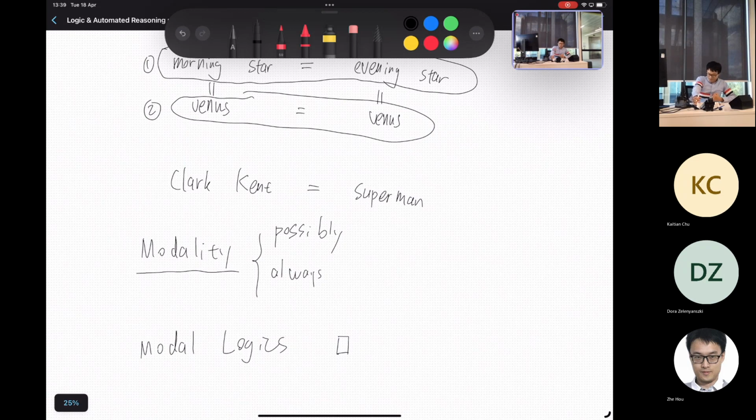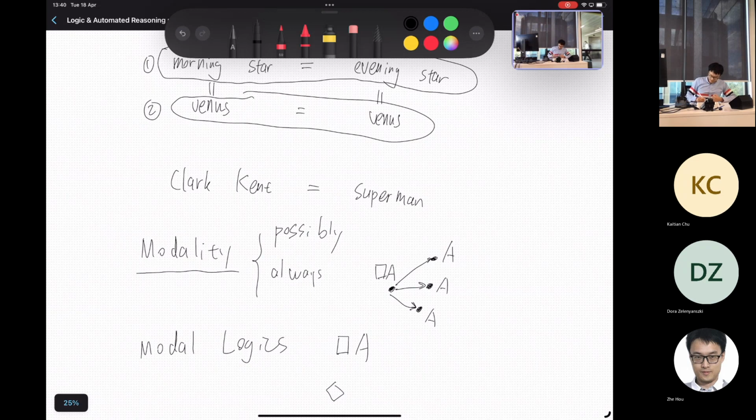One is box A. If box A is true here, it means that every world reachable from here is also true. Imagine you are here, and this world can reach 3 other worlds. If box A is true here, that means every world that this one reaches makes A true. A must be true everywhere that it reaches.